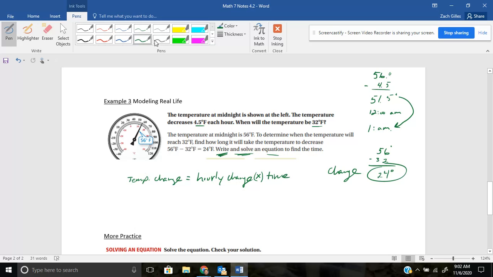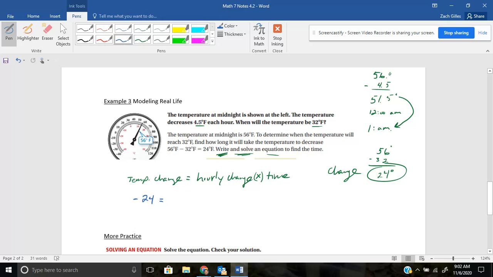Okay, well, let's see what I'm given in this problem. I know my temperature change. If I start at 56 and I end at 32, I know that change is 24 degrees. And I'm actually going to think of it as a negative number because I'm decreasing in temperature. Same with my hourly change.